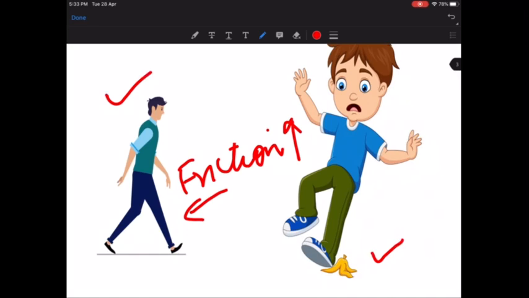But in the other case, when the boy steps on the banana cover, the friction is less. Because the friction is less, his motion will be more. In the first case, because the friction is more, the motion of a person is going to be less. So understand that motion and friction are inversely proportional to each other. I repeat, motion and friction are inversely proportional to each other.